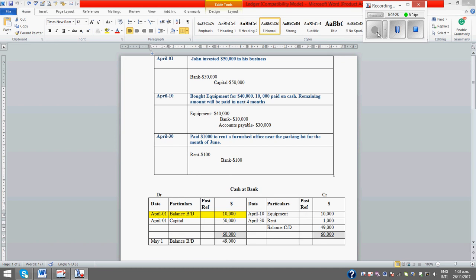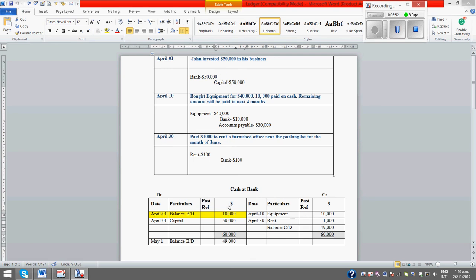This is also called opening balance. Now we can see capital $50,000. So how did we get capital $50,000 here? Remember, you are not actually writing this $50,000 here. Actually this $50,000 is this one, not capital.